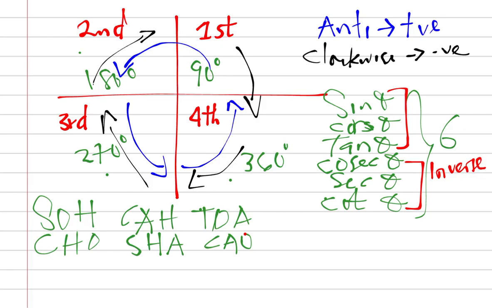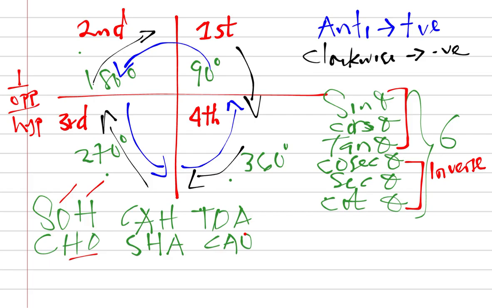That means cosec. You know that sine is opposite over hypotenuse. One over opposite over hypotenuse will give you hypotenuse over opposite, and that is what you see here. That's the inverse.